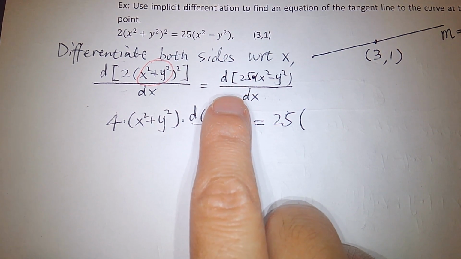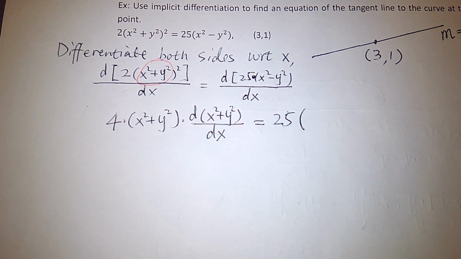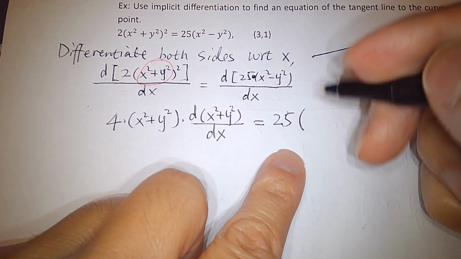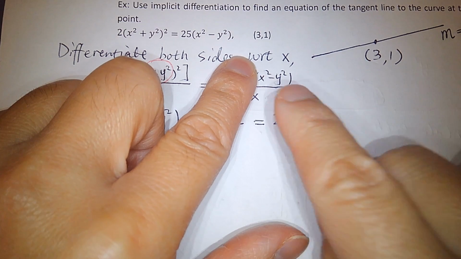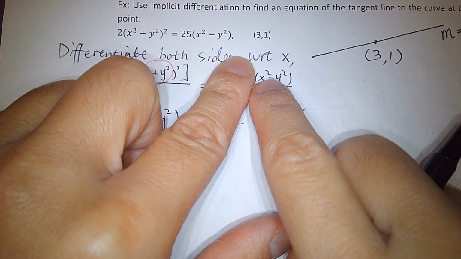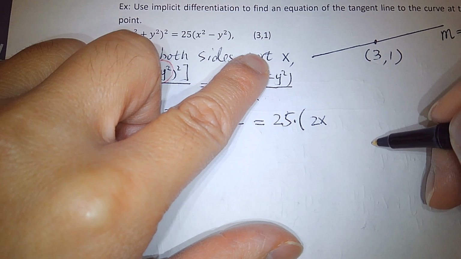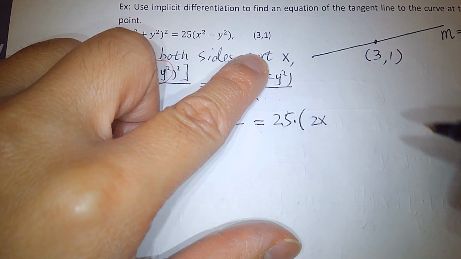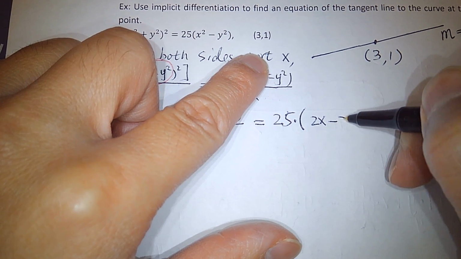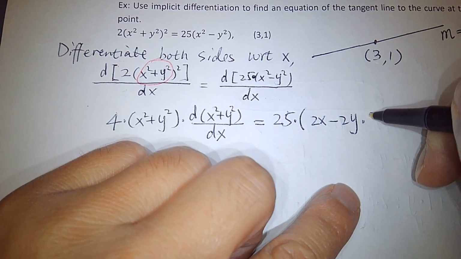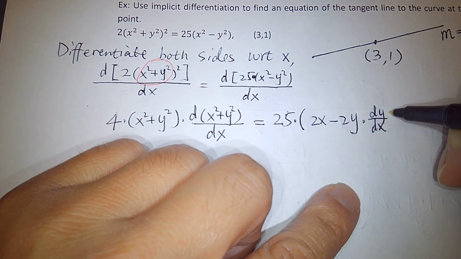Remember, c times f of x, derivative is c times the derivative of f, right? So 25 times the derivative of x squared with respect to x, which is 2x. What about negative y squared? We just did it. By chain rule, negative 2y times dy dx.